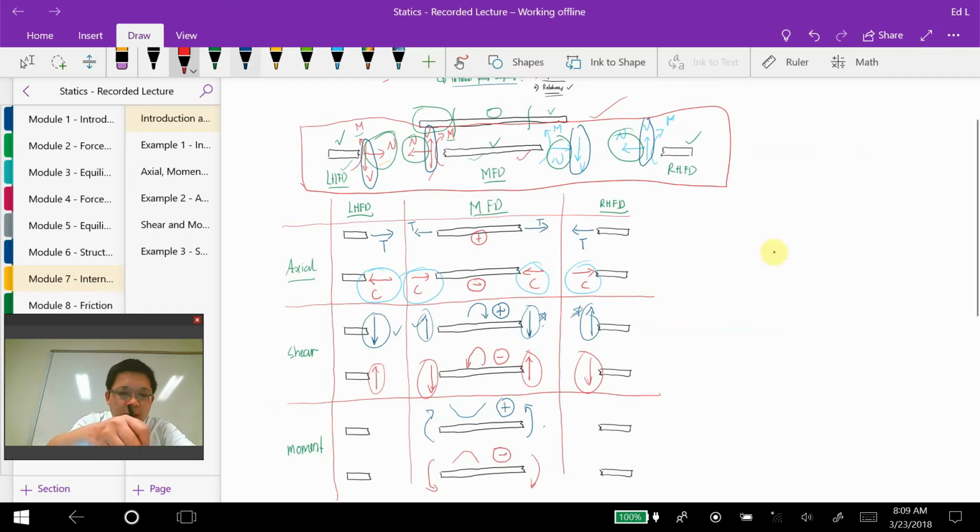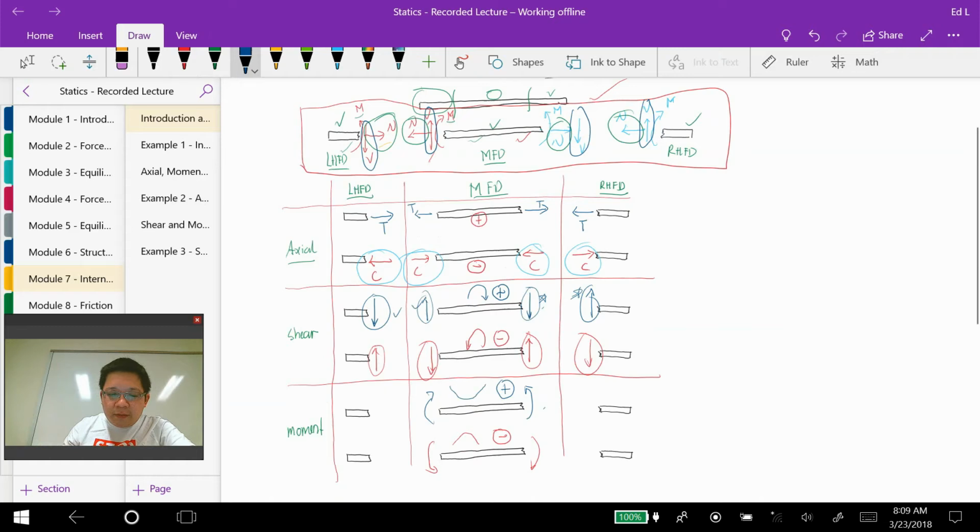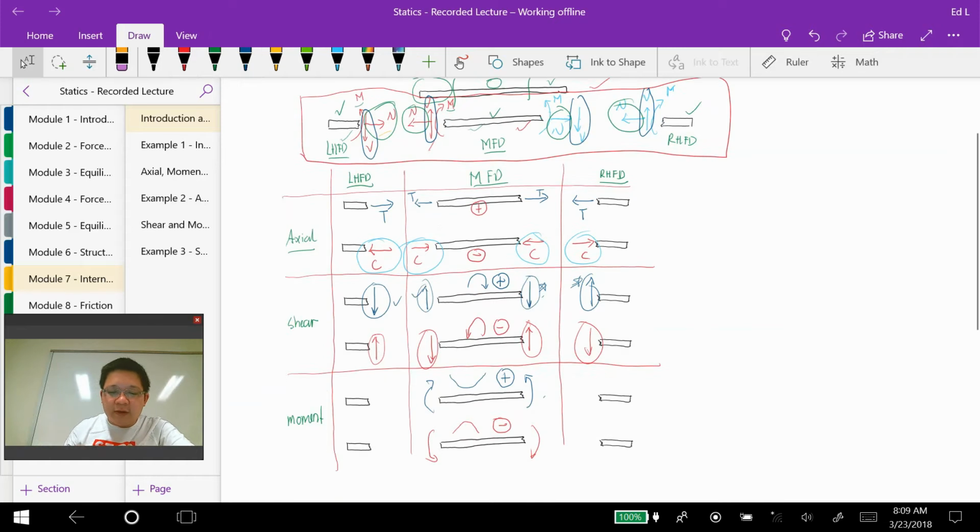And with a similar reasoning that we have done for shear and axial, on the left hand free body diagram, the positive sign convention in here has to go counterclockwise, such that when these moments are combined together, they cancel out each other. And then on the right hand free body diagram, it has to go clockwise, such that when I combine these together, they will cancel out each other.